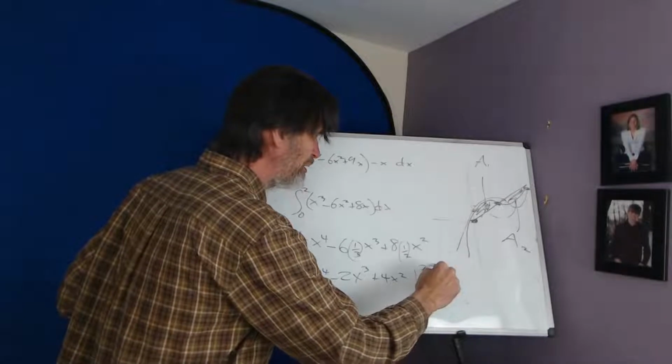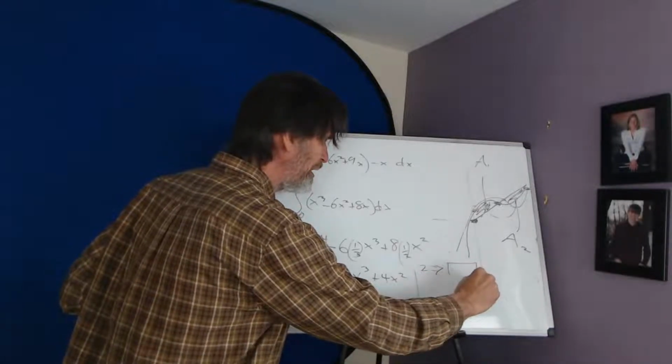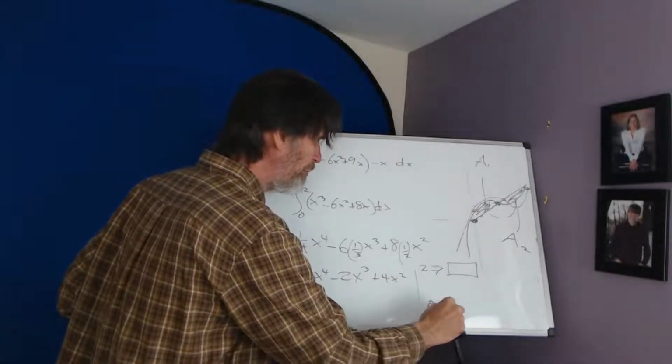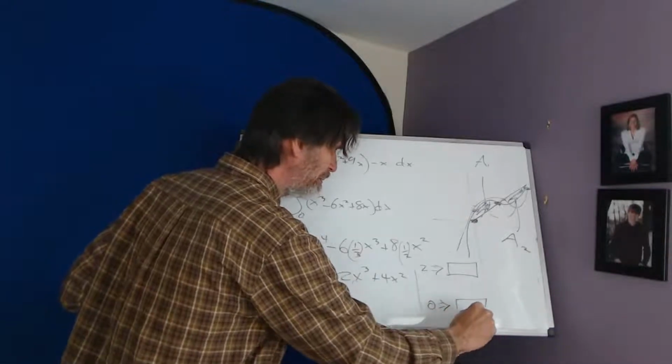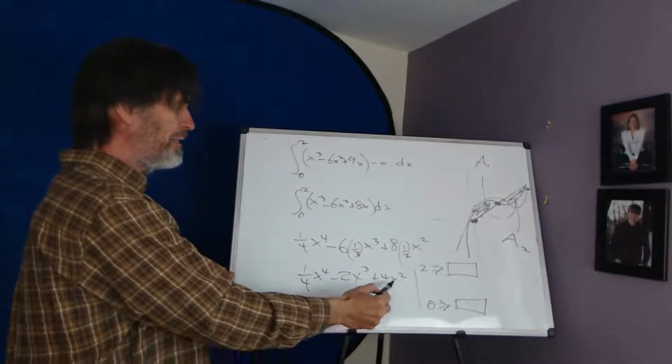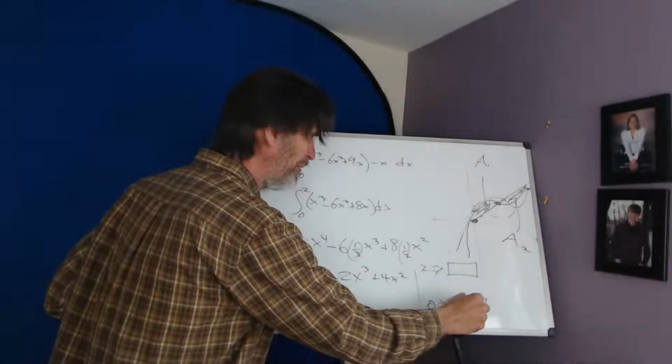So evaluate this at 2. Someone grab out the calculator, tell me what you get. I'm going to do the bottom one because it's easy. If I plug in 0 here for x, I'm definitely going to get 0. That was simple.